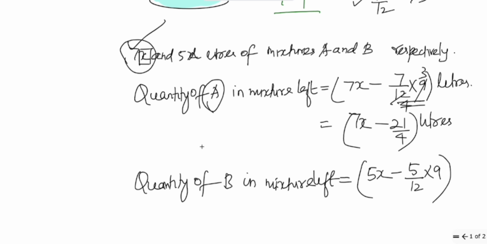So out of 12, 5 contributes our B. If we multiply that with 9, that tells us how much we are removing. So this also will simplify. 3 goes into 9 3 times and this is 4. So 5x minus 15 over 4.